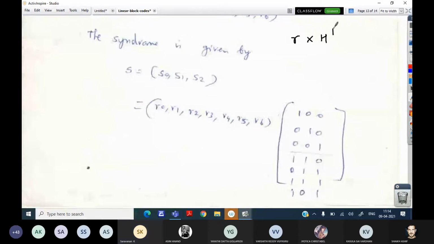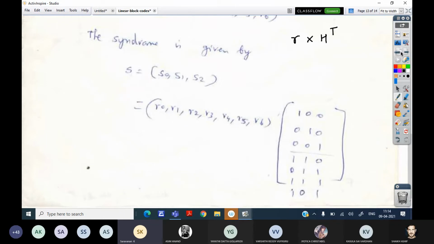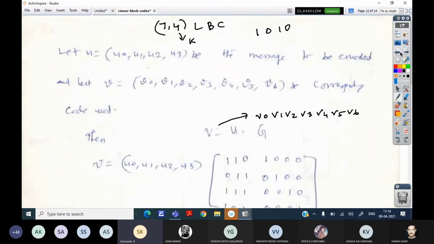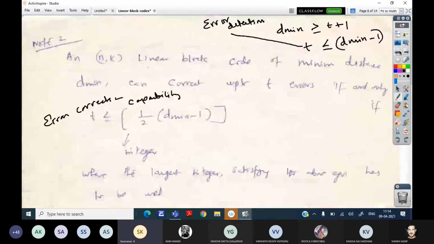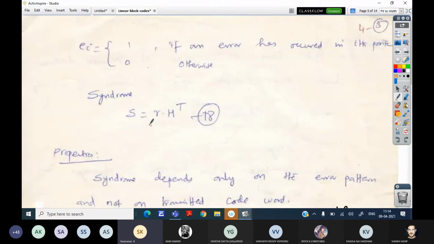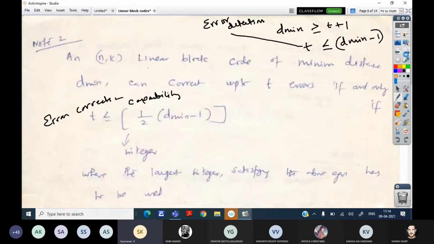I have already told in the beginning that when no error occurs and I multiply the code vector with H transpose, I should get the syndrome bits as 0. When an error occurs, it is not going to be the same, right? So we are going to verify that.